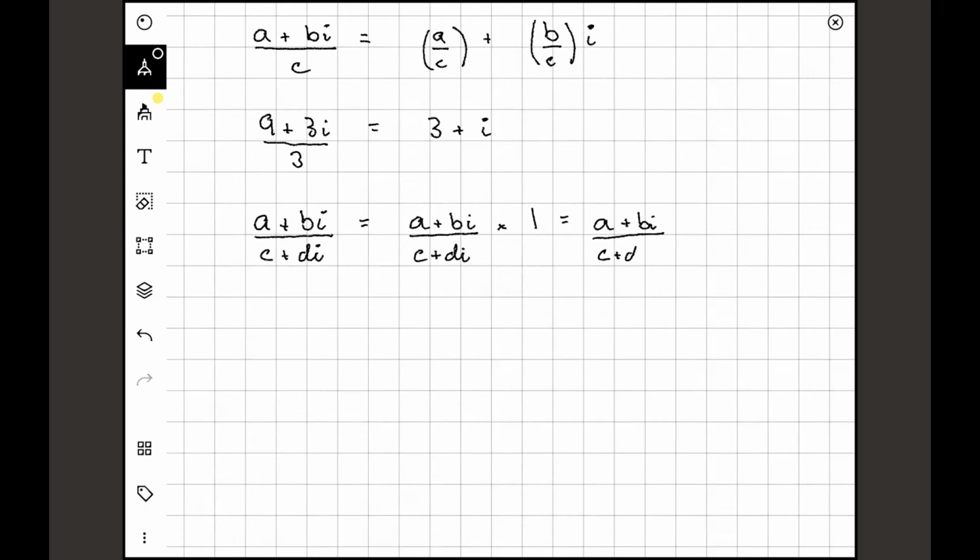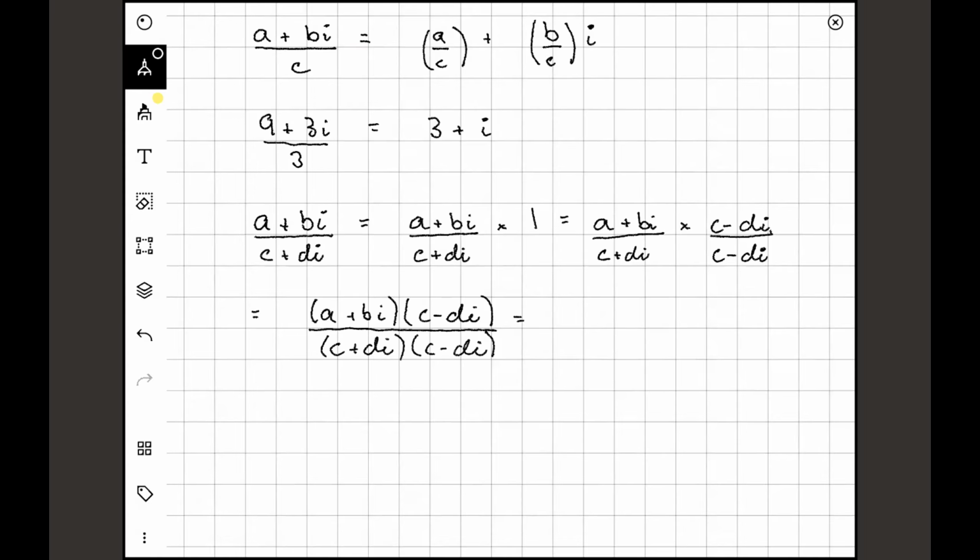We're going to rewrite 1 as c minus di over c minus di. Using this, we're going to end up with a plus bi times c minus di, and on the bottom, c plus di and c minus di.